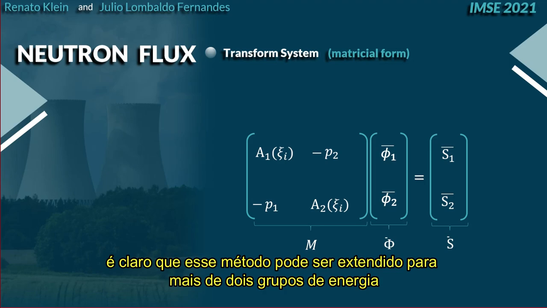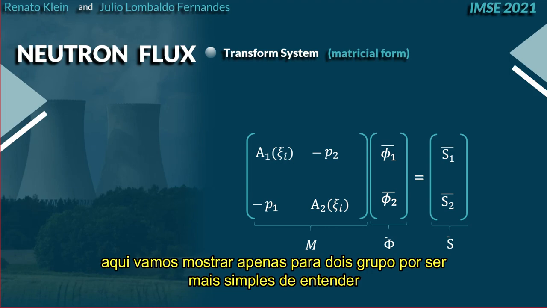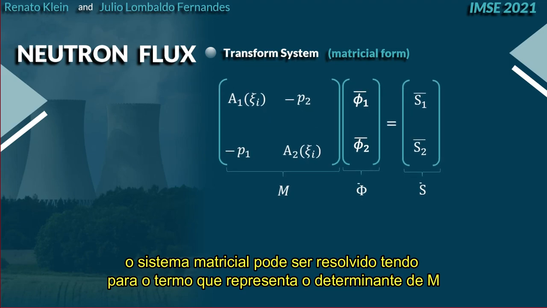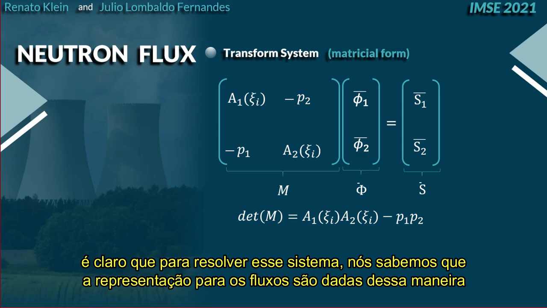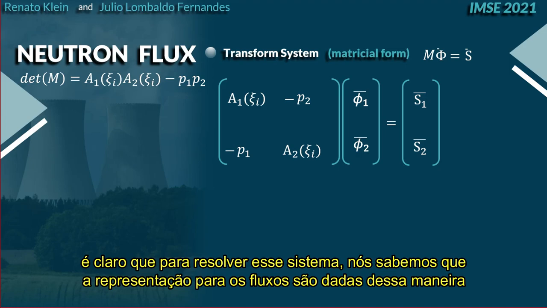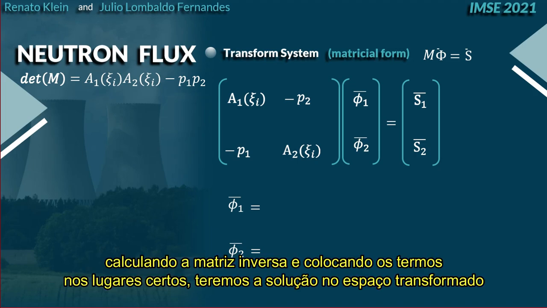This method can be extended, of course, for more than 2 groups. I just show here 2 groups because it's simpler to understand. So this matrix system can be solved if we pay attention to the determinant of this matrix, which is like this one, and of course we need to solve this problem, and we need to understand that if we calculate the inverse matrix and just put the right terms in the right place, we have a new solution.